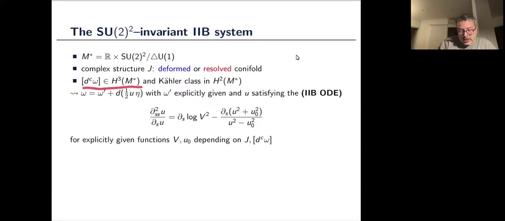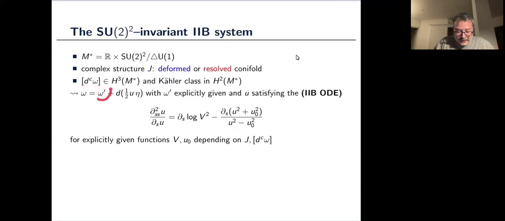One is the cohomology class of dC omega. Another is what I'm calling the Kähler class. Because of the symmetry, once I fix the cohomology class, there's essentially a preferred representative of dC omega.